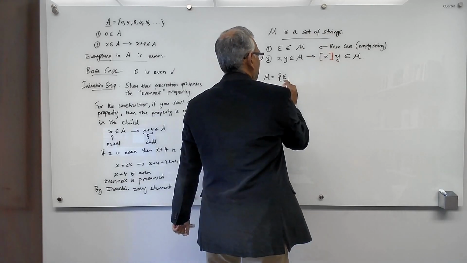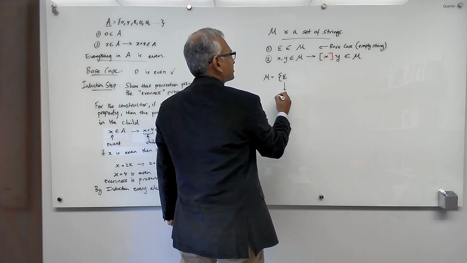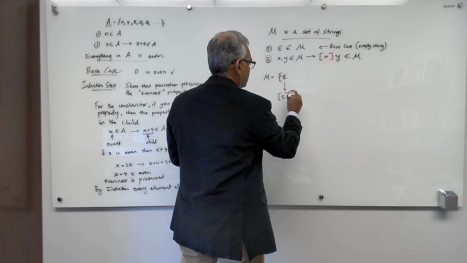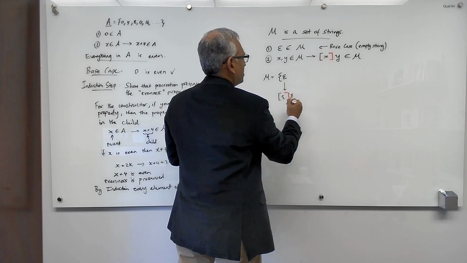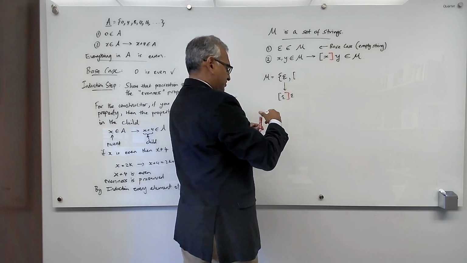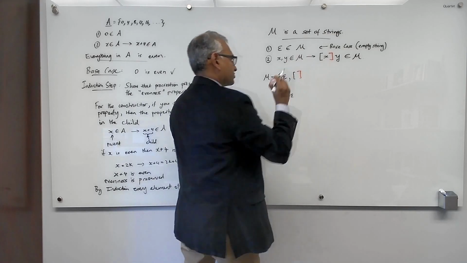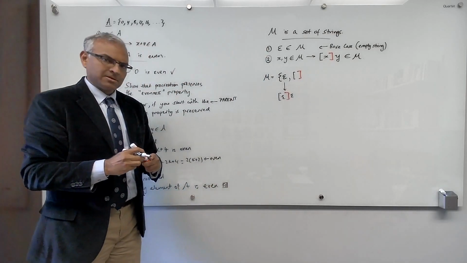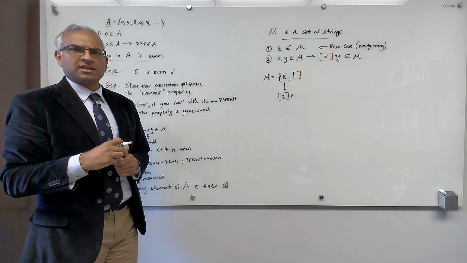But since epsilon is nothing, this is the string of two parentheses, which is open and close.